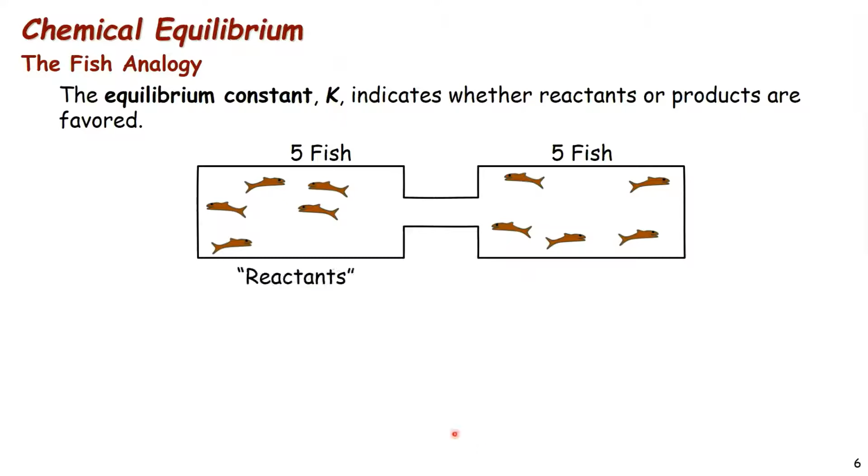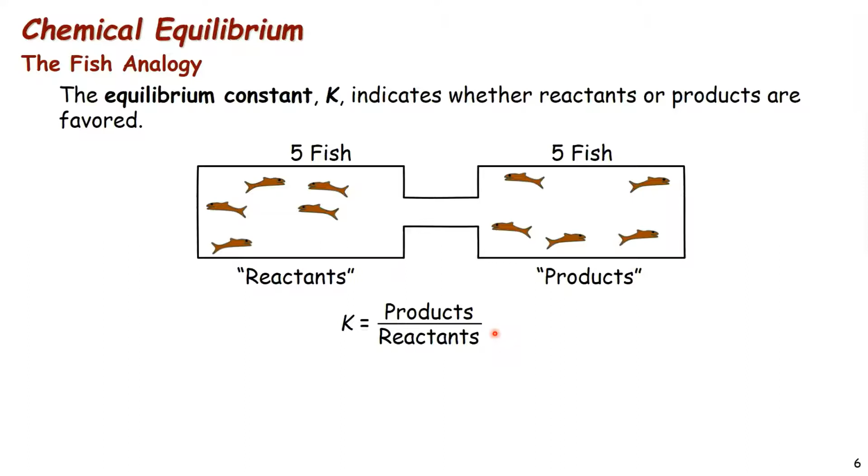The equilibrium constant, if we would consider this to be our reactants and this to be our products, is just the products divided by the reactants. Now, we're also going to see that each one of these would be raised to the coefficient in a balanced chemical equation. And we're dealing with overall reactions this time, not elementary steps.